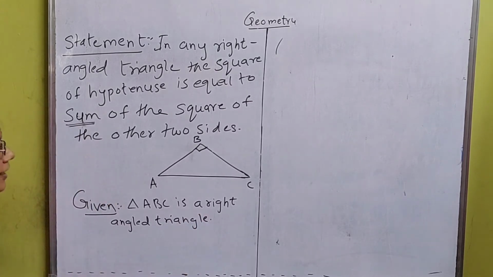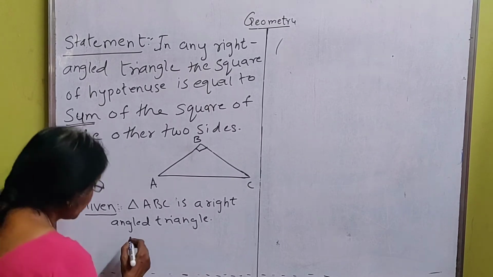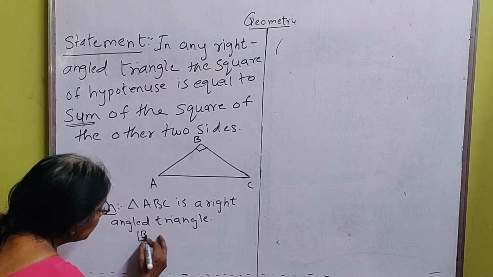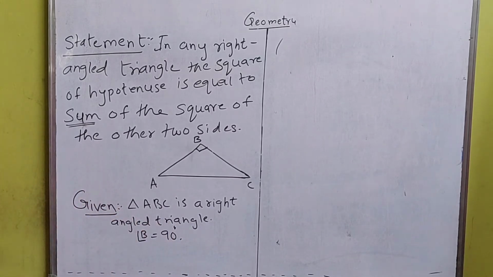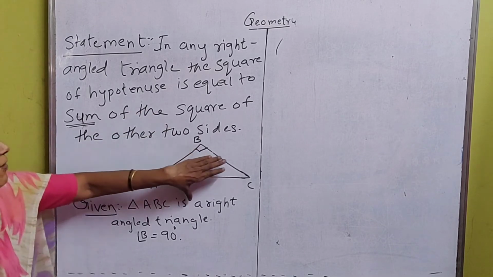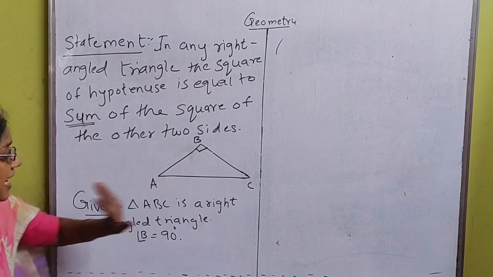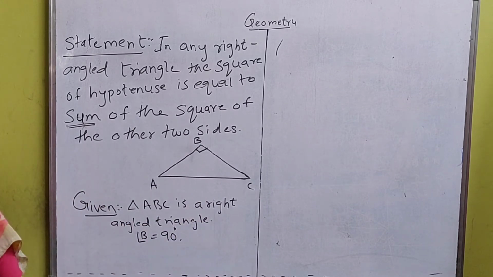And which angle is marked 90 degrees? That also you have to show: angle B is equal to 90 degrees. So this is very important, the given. So what does the given say? Name of the triangle: ABC is a right angle triangle. What type of triangle? Right angle triangle. Which angle is 90 degrees? B is 90 degrees. Okay.